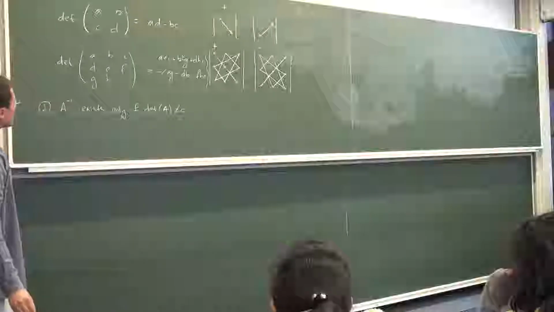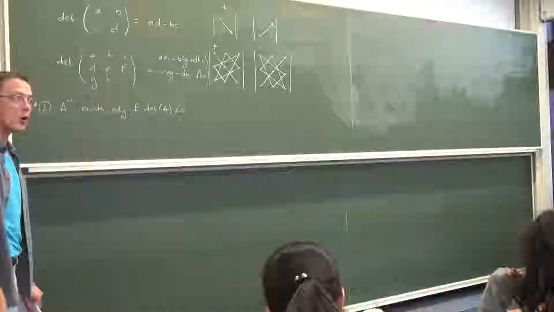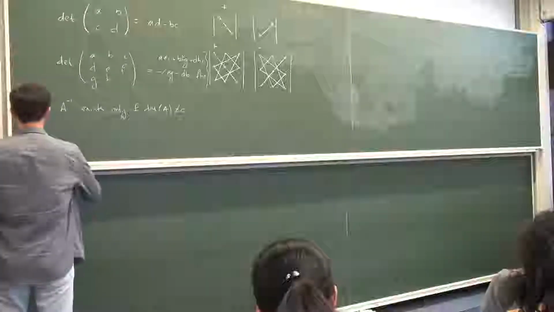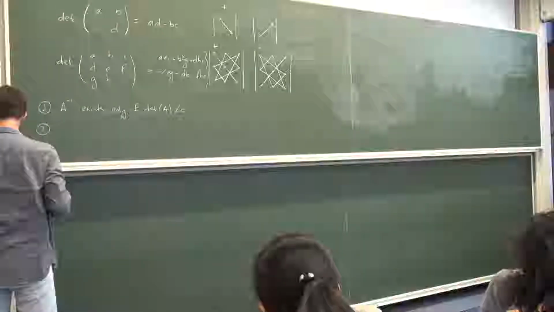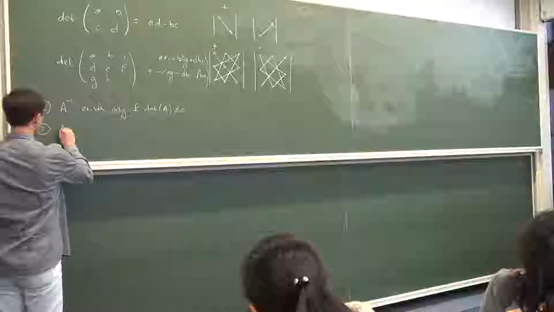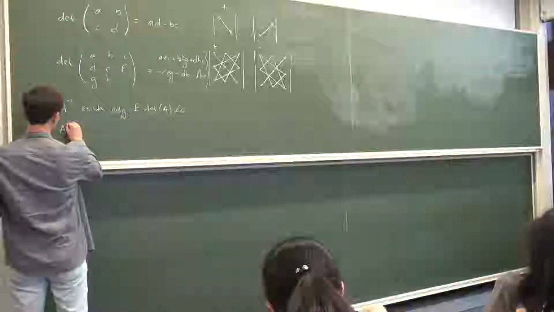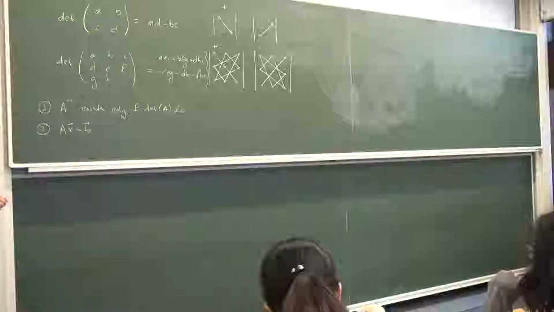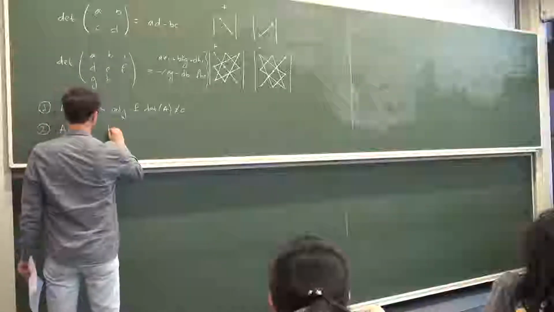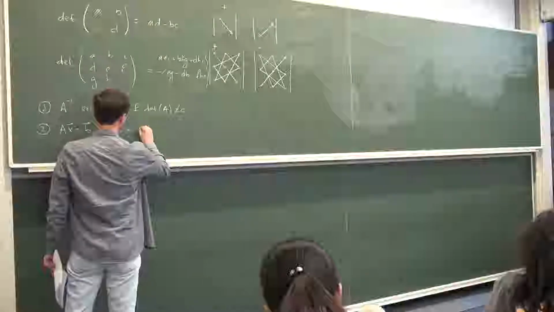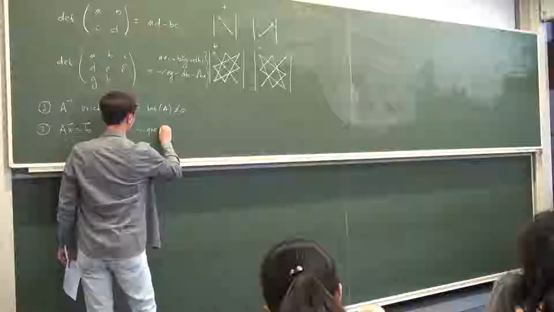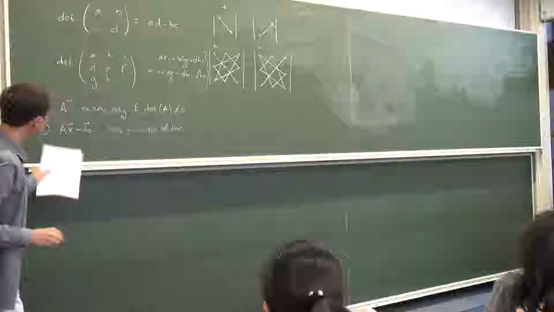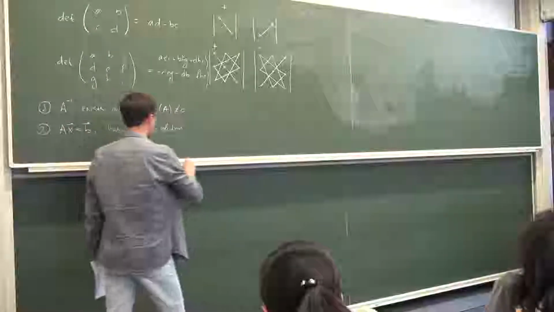So it's an indicator function that tells us whether or not we should even try to invert a particular matrix. The second property is that an equation AX equals B has a unique solution if and only if the determinant is not 0.